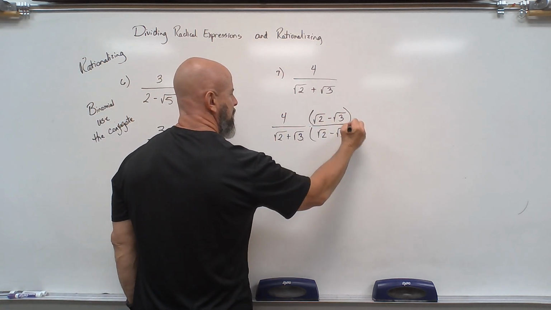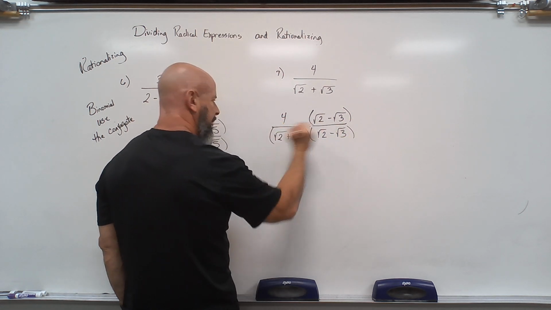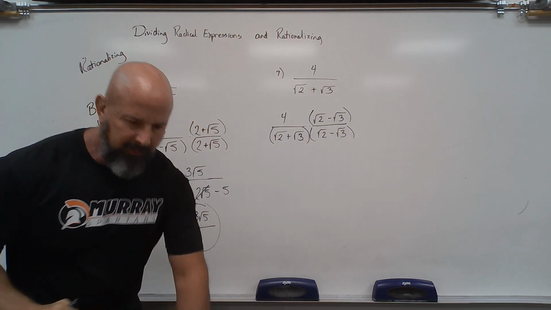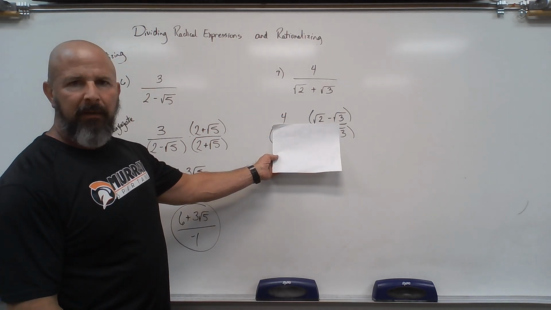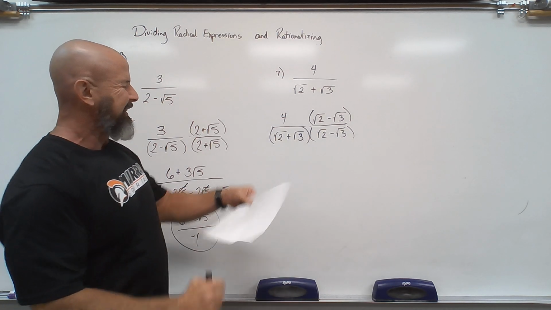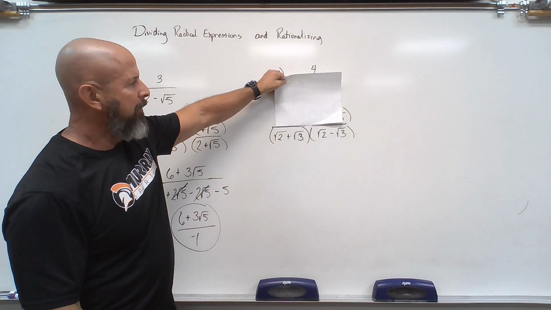Again, if it helps you, put parentheses around it. And again, sometimes that's nice because you can see just a straightforward distributive property there, 4 times that. Up here, you see a binomial times a binomial.